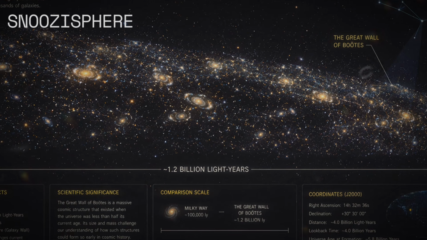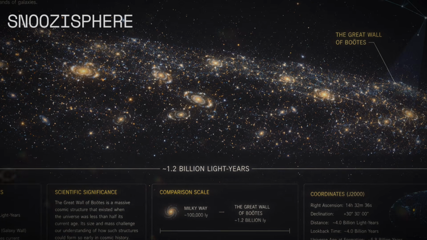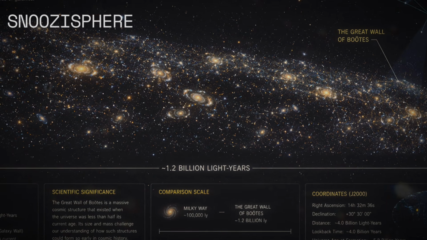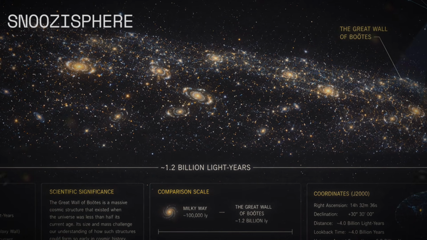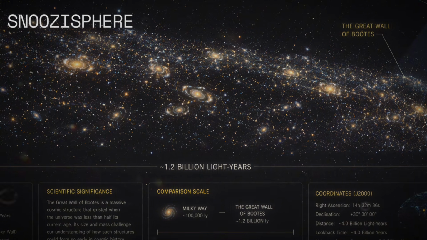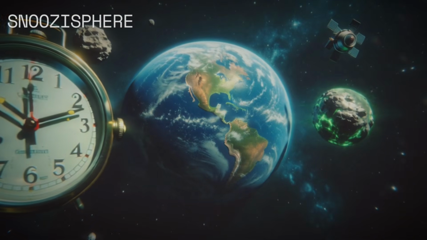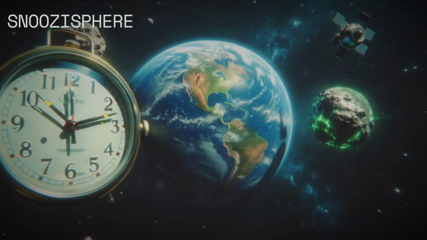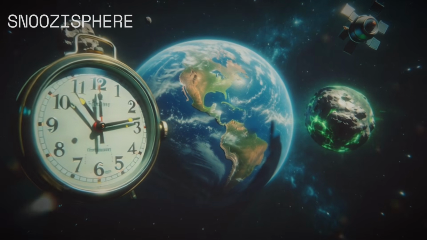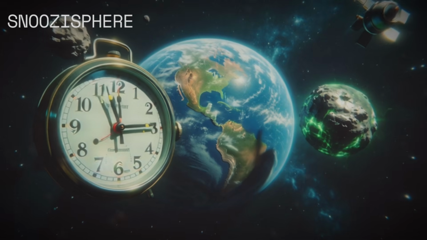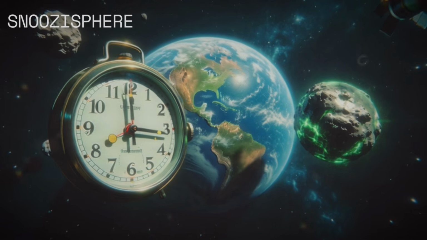If you were standing on a planet in the middle of IC 1101, the night sky would not look like ours. Here on Earth, we see a few thousand stars and the dark, dusty band of the Milky Way. In the heart of the giant, the sky would be a solid, glowing canopy.